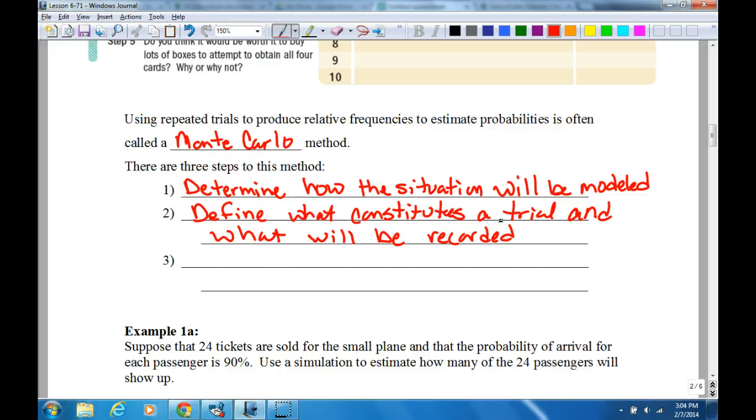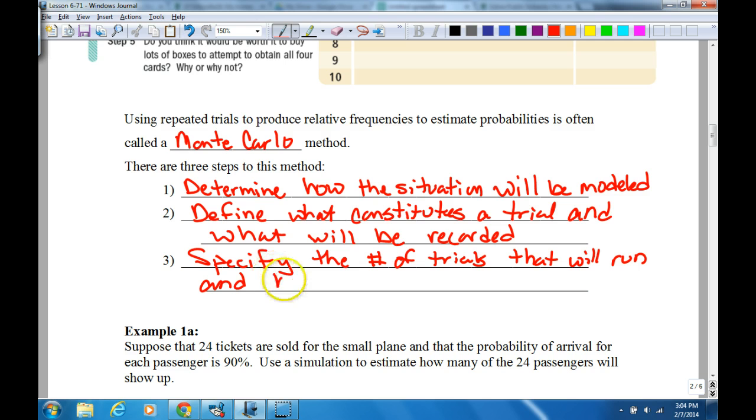And that told us which card was drawn, right? Okay? So we recorded the number that was drawn. Step 3, specify the number of trials that you're going to have to do, and how the estimated answer will be obtained.